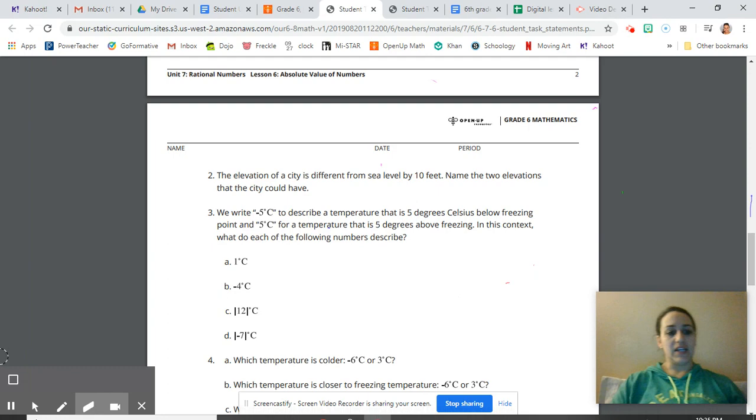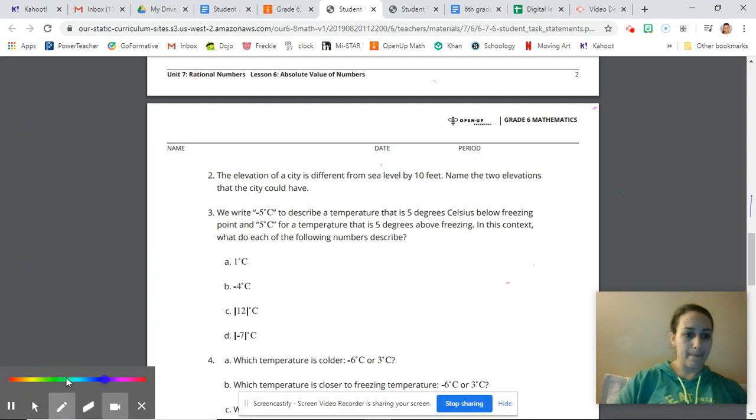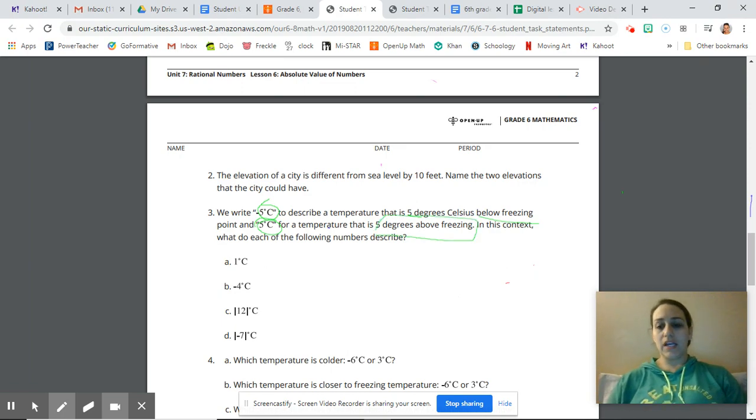Well, if -5 is below freezing, 5 below to be specific, and positive 5 degrees is 5 degrees above freezing, then each time we're 5 away from our starting point. We talked about being above freezing or below freezing.